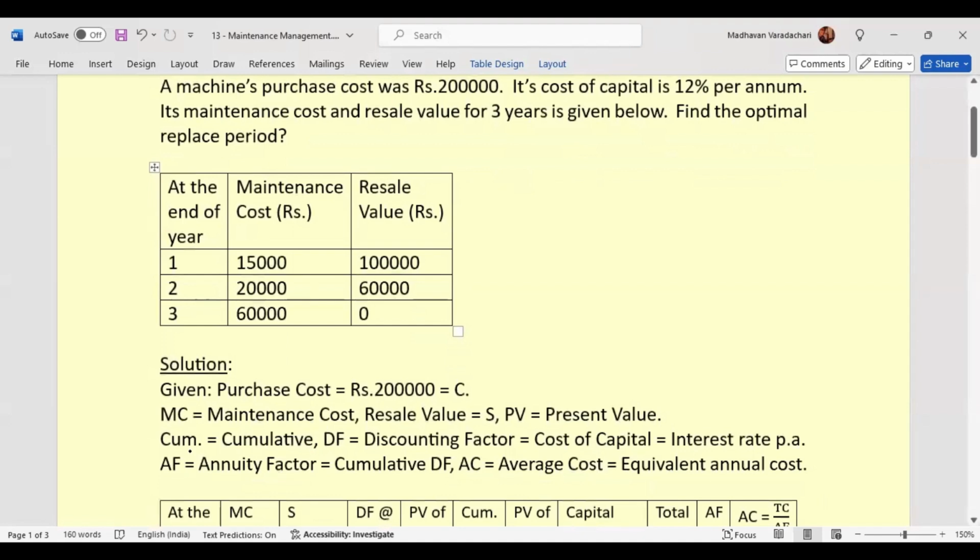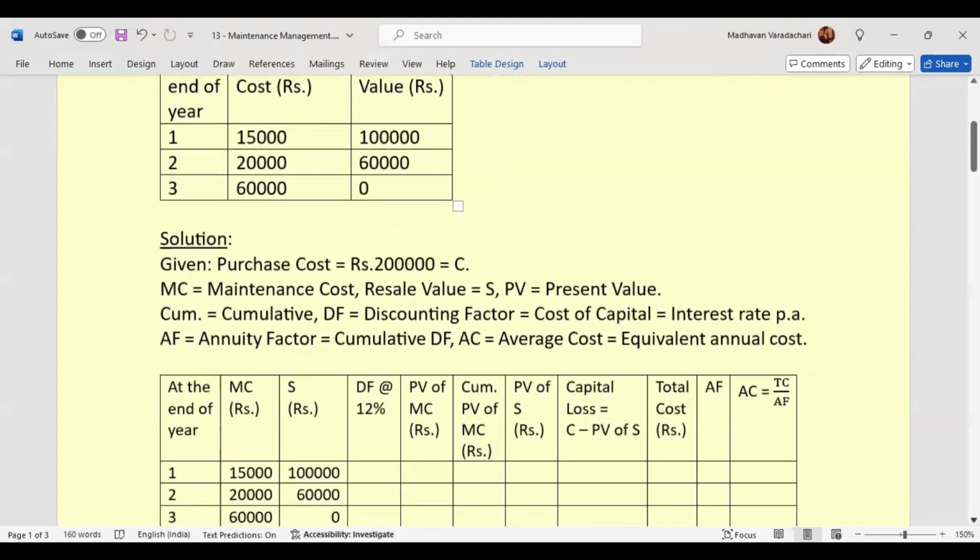CUM means cumulative. These are some of the abbreviations we are using. Discounting factor is nothing but the cost of capital, or it can be the interest rate per annum. AF is the annuity factor or the cumulative discounting factor, and AC is the average cost, or here in this case, it is equivalent annual cost.